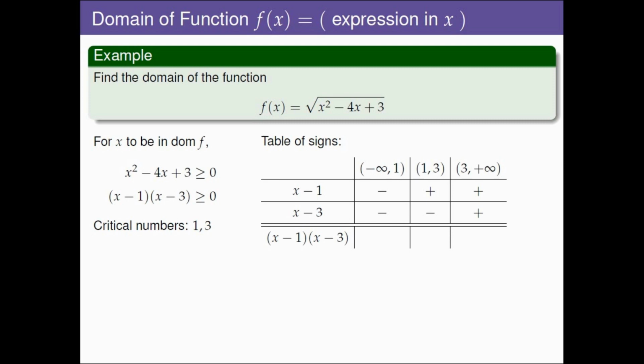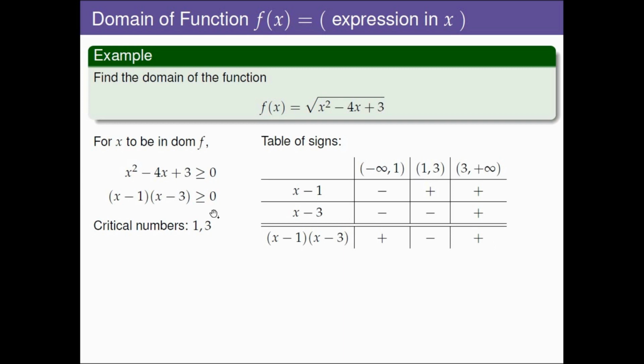We now determine the sign of the product. When x is in this interval, negative times negative, so the product is positive. When x is in this interval, positive times negative is negative. When x is in this interval, positive times positive is positive.